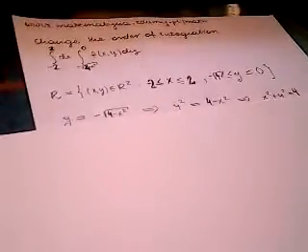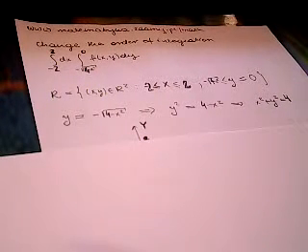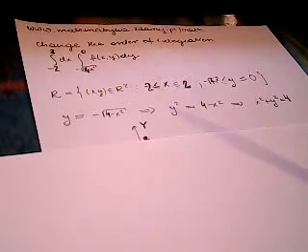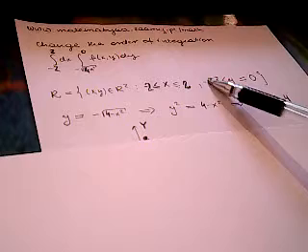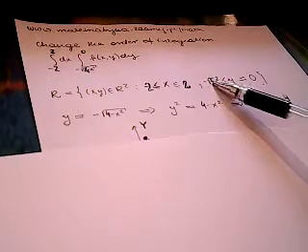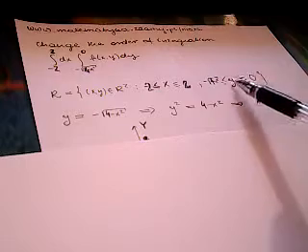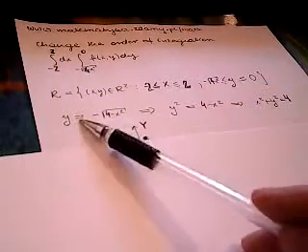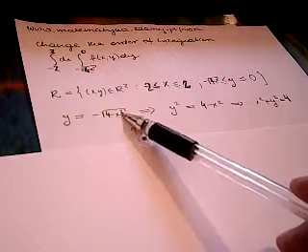I draw this region, but first it's important to notice this is the equation of a semicircle. This is the lower limit of y. Y is minus root square of 4 minus x squared.